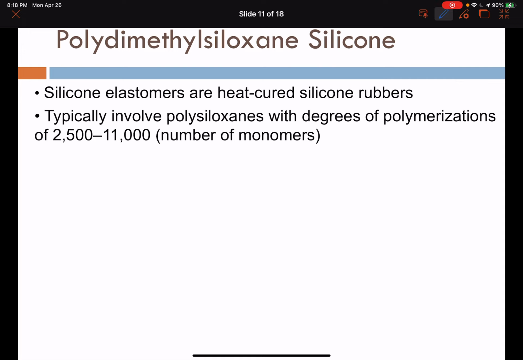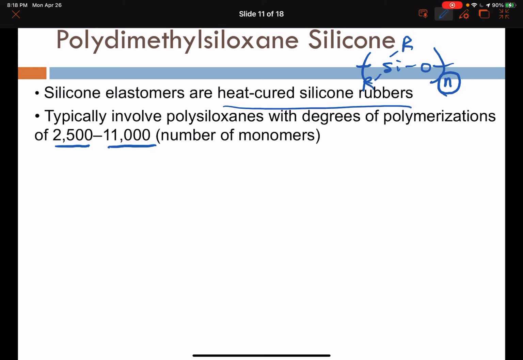Okay, so polydimethylsiloxane elastomers can be heat cured in many cases, and many of these polymers before cure are made up of long chains with many repeat units. As we were mentioning before with the SiOR repeating pattern here of N, the value of N can be 2,500 to 11,000.